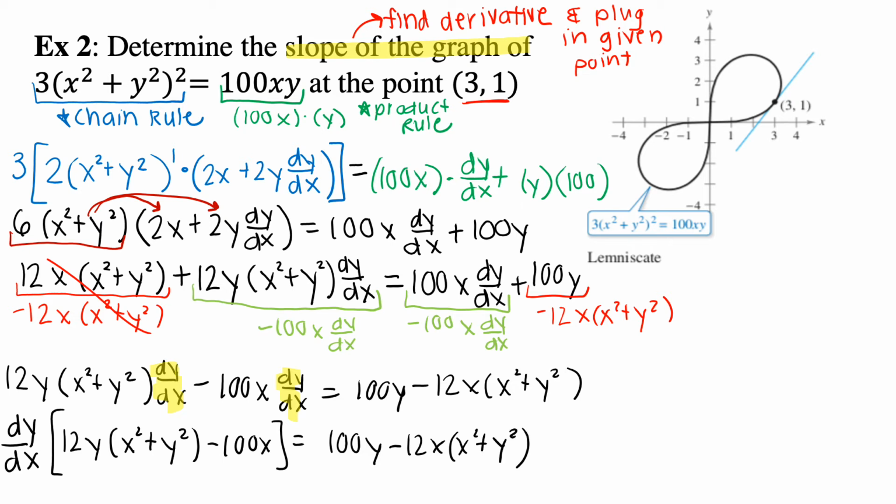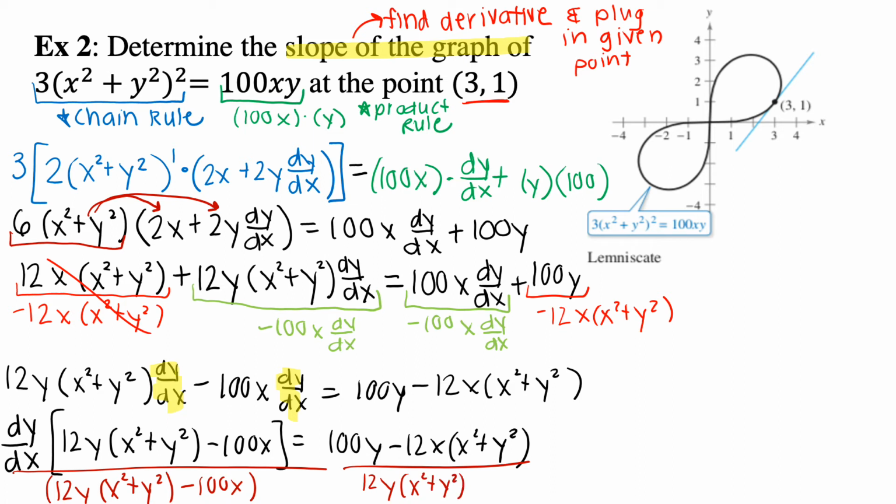And then our final step to get dy dx all by itself is going to be to divide on both sides by that whole quantity, 12y times x squared plus y squared minus 100x. So I'm going to write my derivative dy dx is equal to, now when I do this, I'm actually going to write it in a separate order.